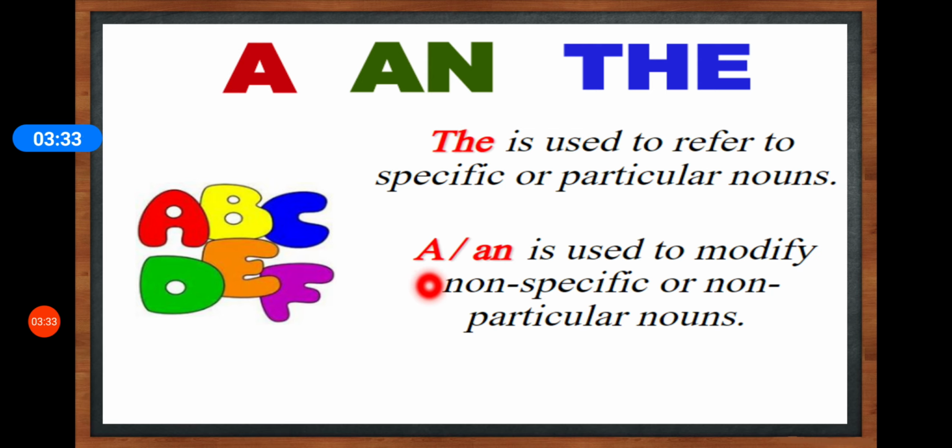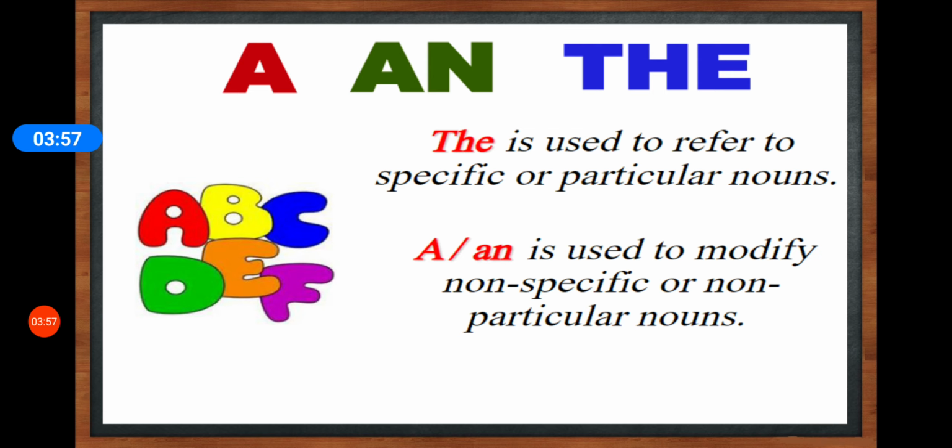While a and an are used to modify. Modify means they tell more about it. Non-specific or non-particular nouns. That means when the nouns are not specific, we are talking about a noun in a general sense.